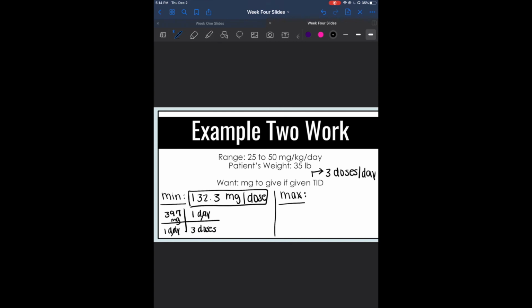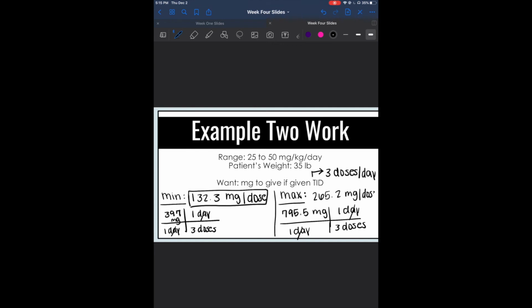And then our maximum, we end up doing the same thing, just change our number in the bottom right. So we end up with 265.2 milligrams per dose.